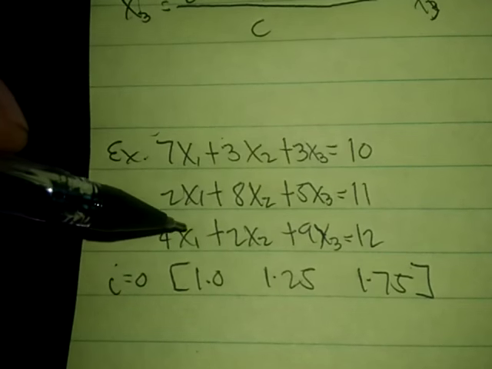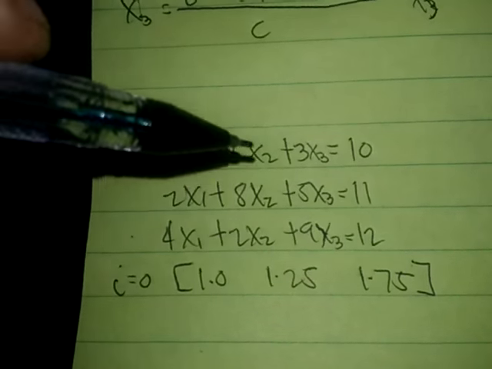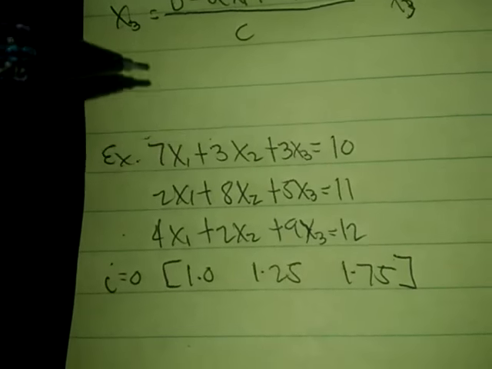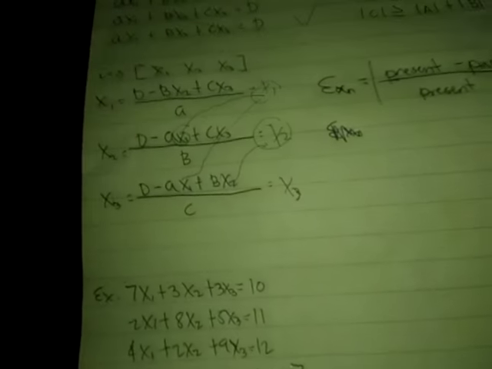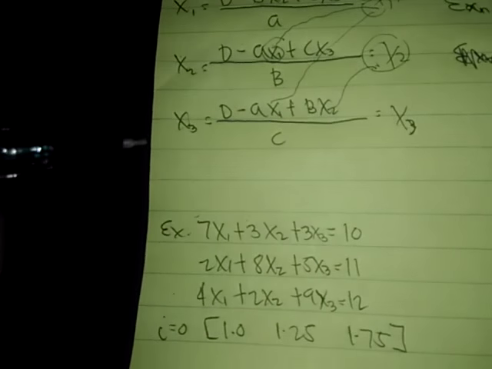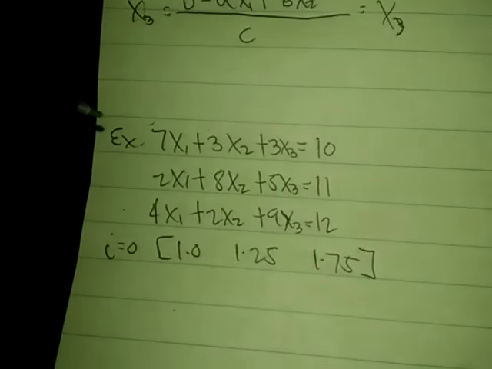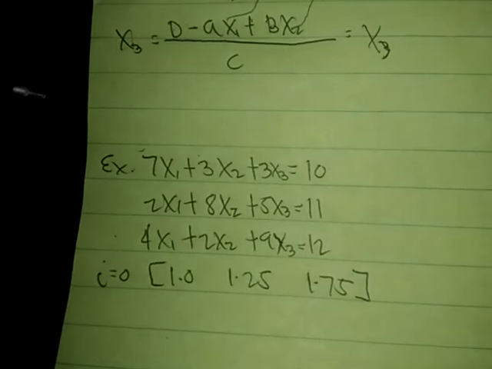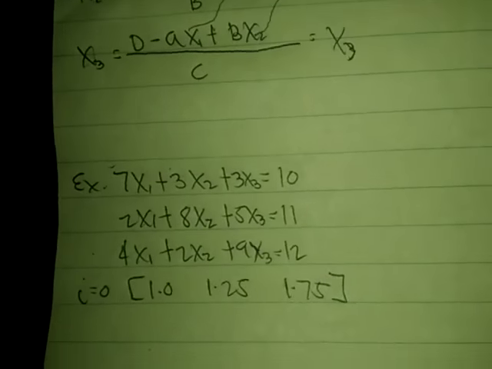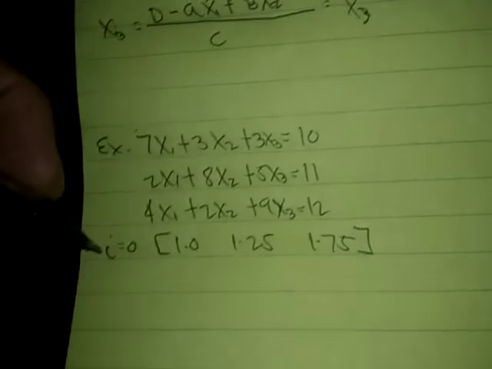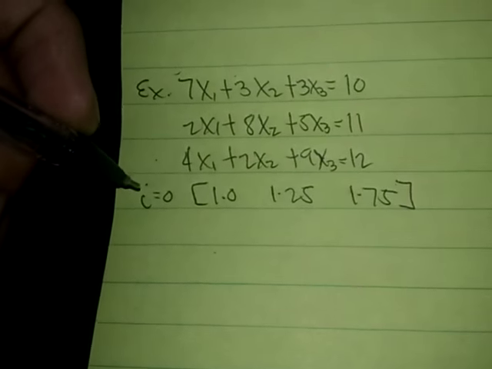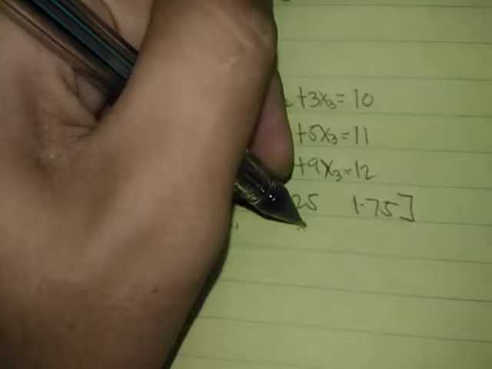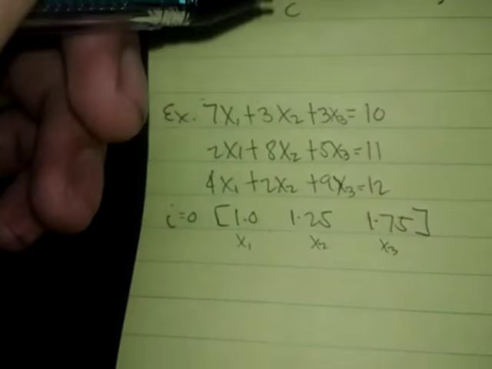Third equation is 4x1 plus 2x2 plus 9x sub 3 is equals to 12. So kanina habang hindi ko pa ginagawa yung video, chinek ko na siya na diagonally dominant ito. Tapos ito yung initial guesses niya, which is x1, x2 and x3.